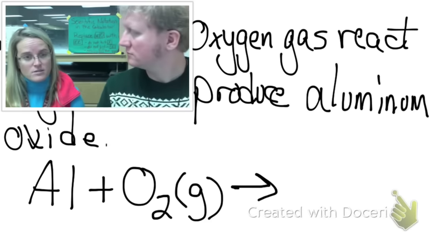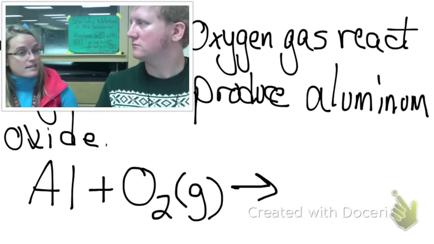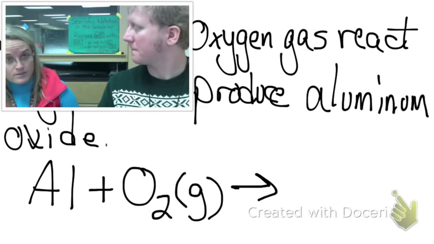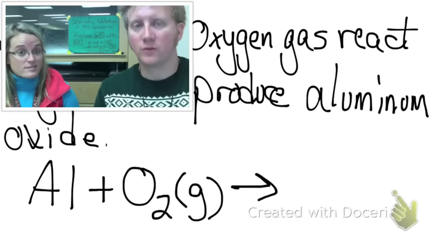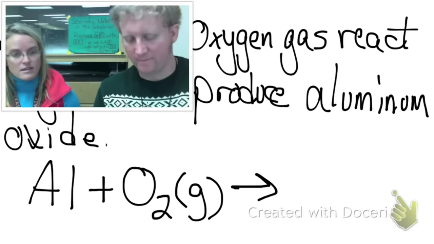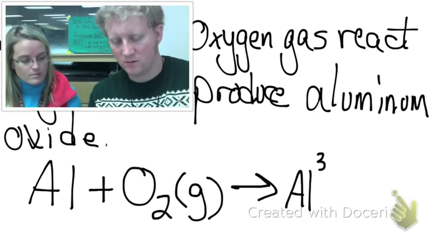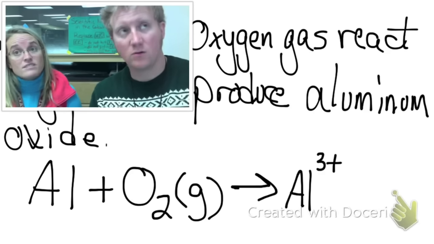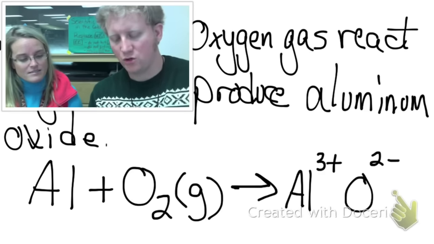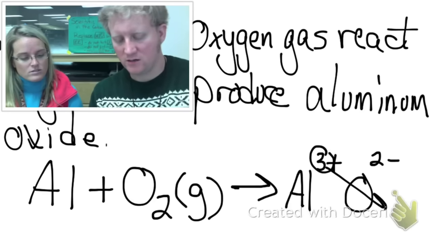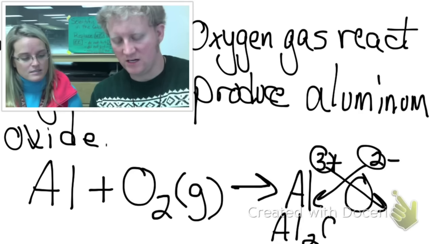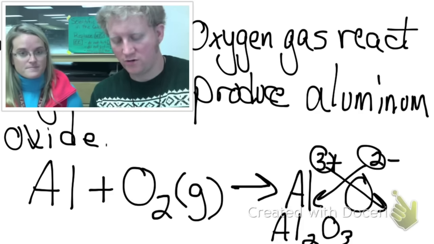So I remember if it doesn't have prefixes in the name, covalents have prefixes, ionics don't. So this is another one I'm going to have to crisscross. Aluminum is in group 3, so it's Al with the 3 plus. And oxygen is in group 6, so it's got a 2 minus. When I crisscross that, it will be Al2O3.